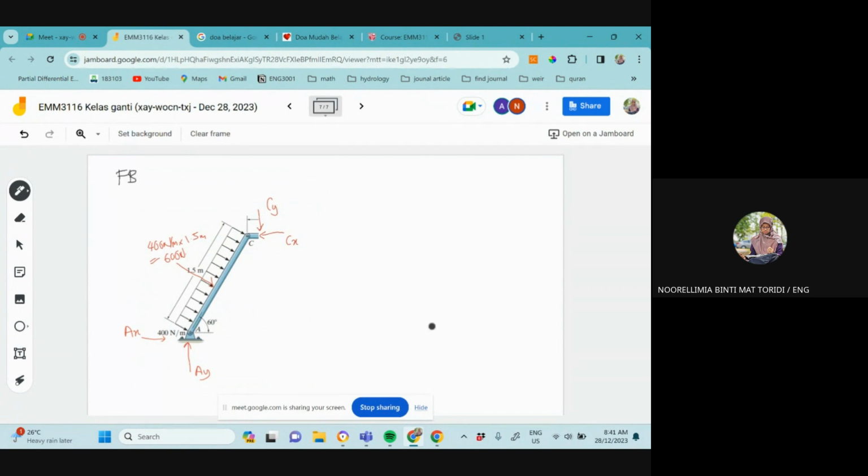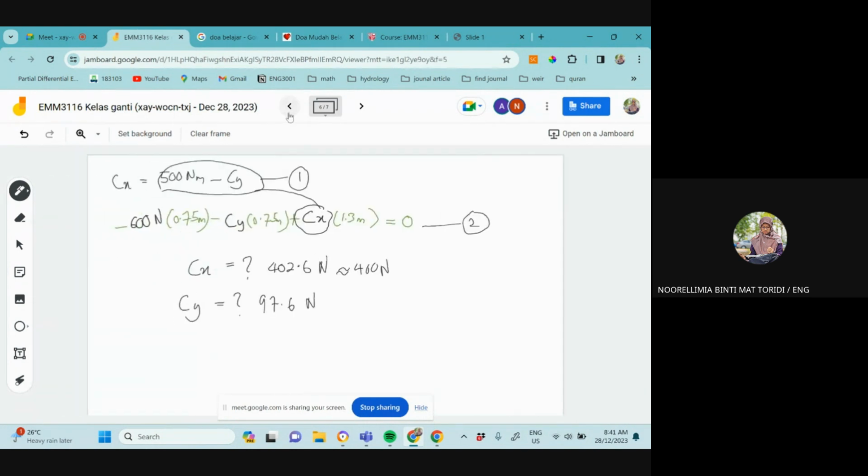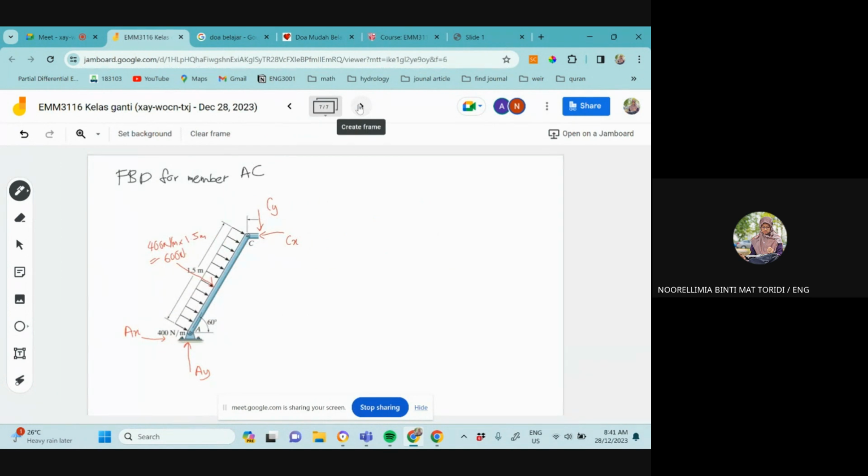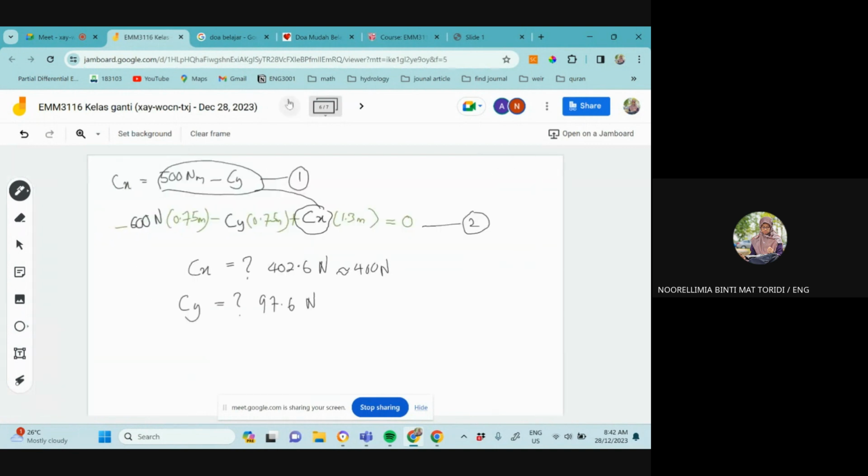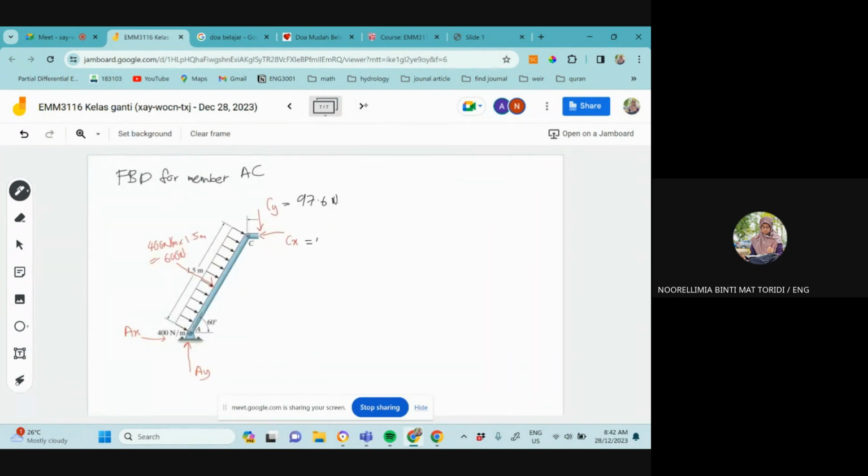Now we know the value of Cy is equal to 97.6 Newton. And then for Cx we got 402.6 Newton.